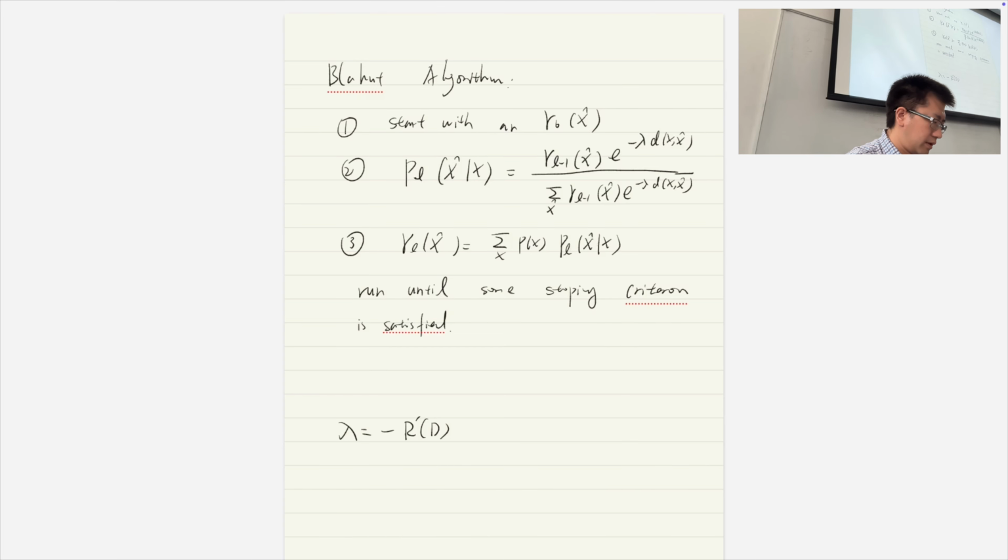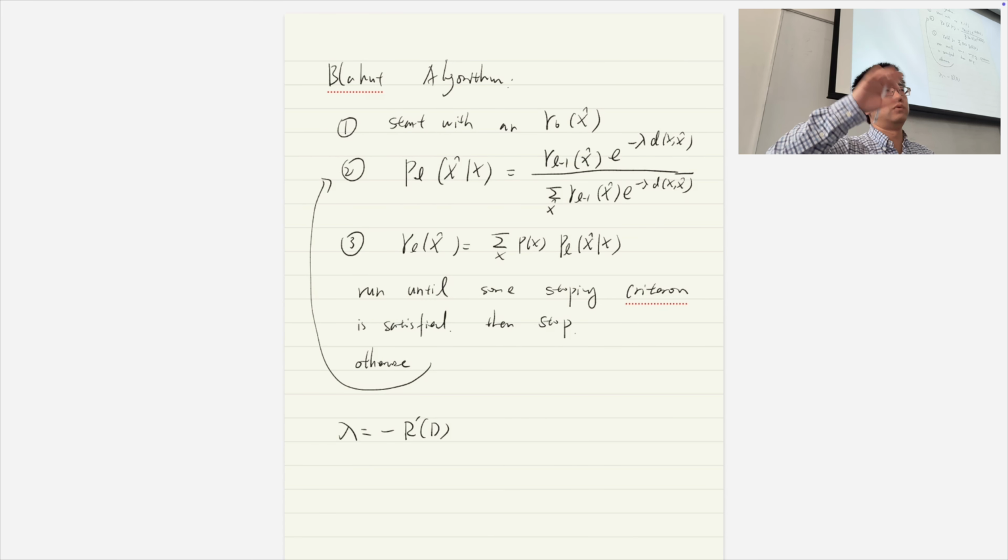And then we stop. Otherwise, we go back to step 2 and keep running this algorithm. That makes sense? Okay, great.